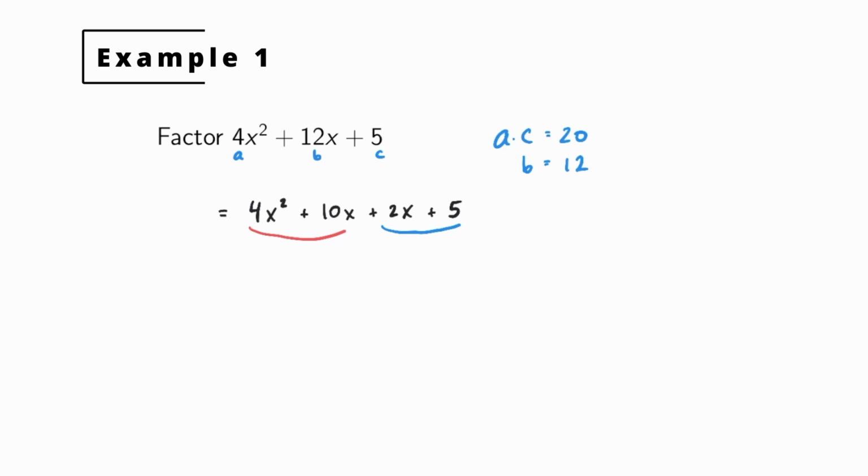I'm going to factor this by grouping, which means from each pair of terms, factor out the GCF. So from the first two terms, we have 4x squared plus 10x. The GCF is going to be 2x. So if you factor out the 2x, you have left over 2x plus 5.